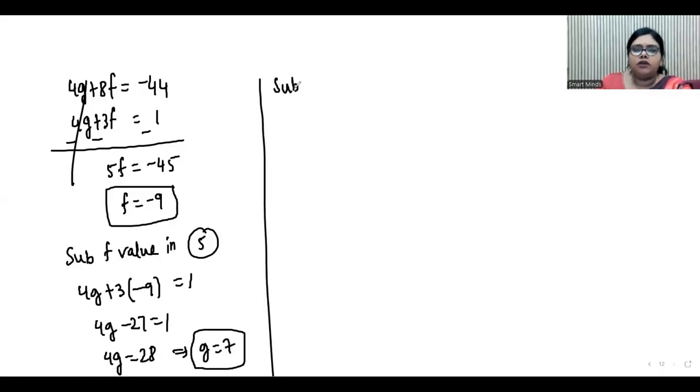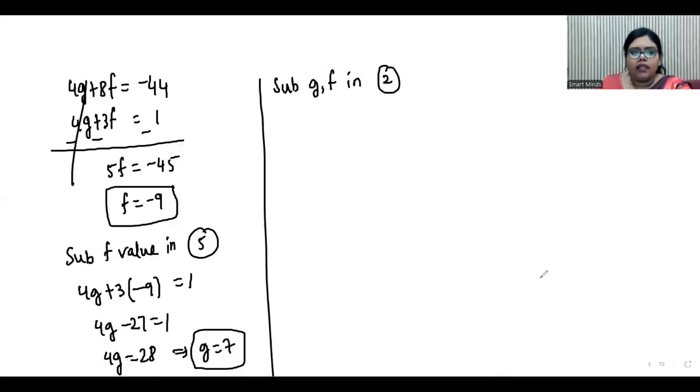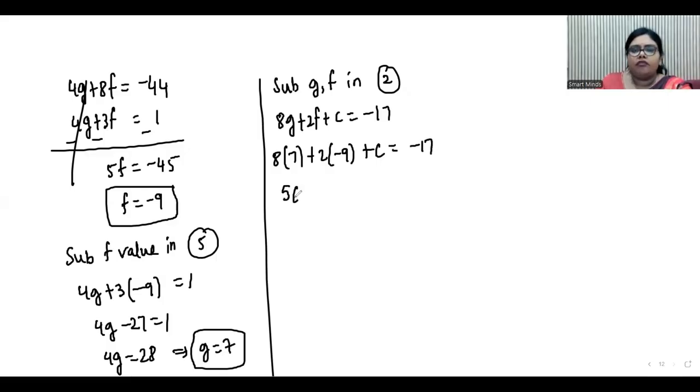Now substituting g and f in equation number 2 or 3. Let's substitute in the second equation. 8g plus 2f plus c is minus 17. So 8 into 7 plus 2 into minus 9 plus c is minus 17. 56 minus 18 plus c is minus 17.